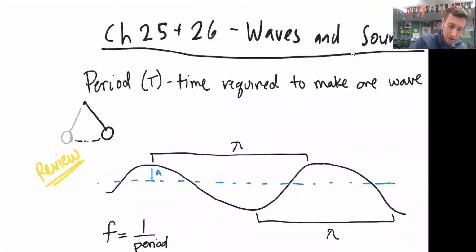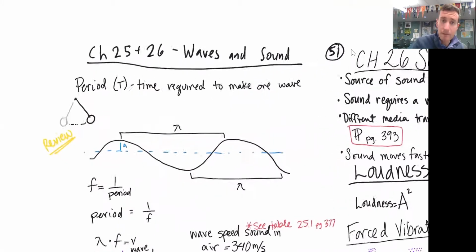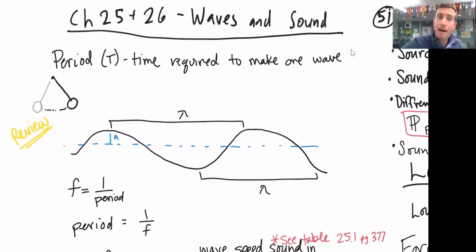Now let's talk a little bit about a few of the details. The period is the amount of time required to make one wave. So period would be a time. Then if I draw a picture of the wave, wavelength would be the distance from crest to crest on the wave. So from here to here, or from trough to trough, or from midpoint to the next midpoint going down.